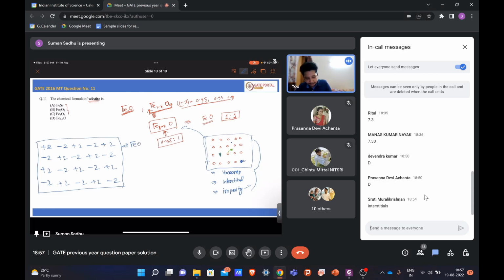You can see that the same number of iron and oxygen is there: 1, 2, 3, 4, 5, 1, 2, 3, 4, 5, 6, 7, 8, 9, 10. So a 10 to 10 ratio is present, which means FeO. If it is exactly perfectly stoichiometric, then this happens.